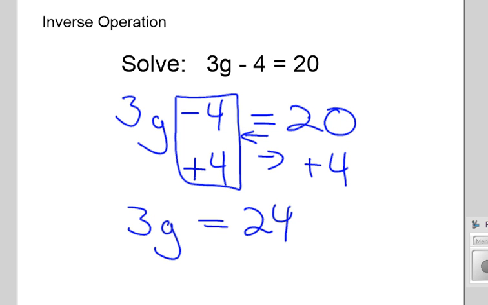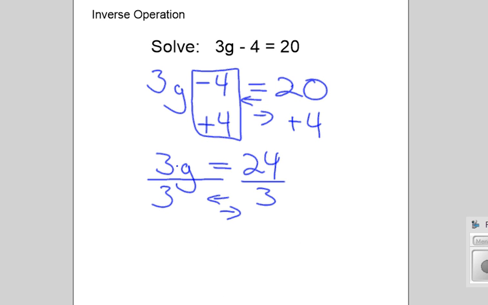To do that, we see 3 times n equals 24. To get rid of the 3, we do the opposite, or the inverse. The opposite of multiplying is dividing. So 3 divided by 3, and 24 divided by 3, because if I do it on the left, I must also do it on the right. 3 divided by 3 equals 1, so we're left with 1 times n, which equals 8.